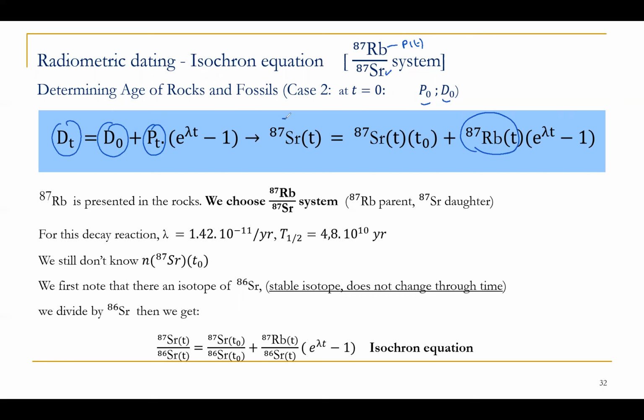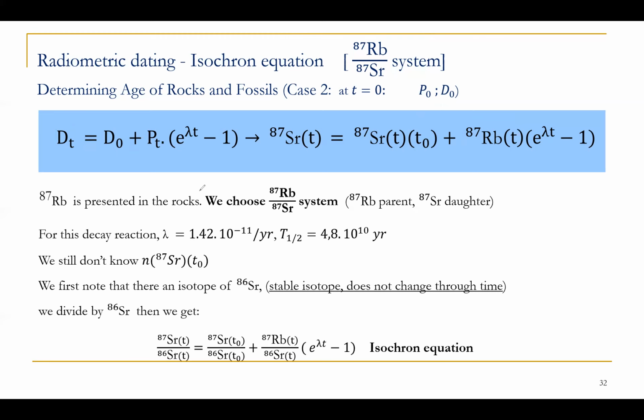So we can put here strontium at a time t and strontium at initial time. And we put here exponential lambda t minus 1. So here we apply the Isochrone equation in the case of a system of rubidium and strontium.